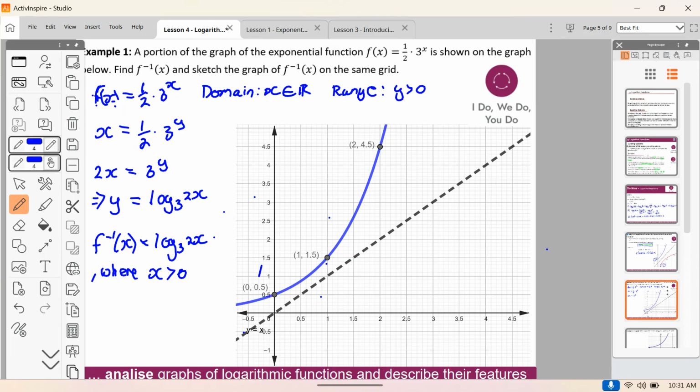So plotting the curve is going to be quite easy. We just take these x and y coordinates and reverse them. So 0, 0.5 is going to be 0.5, 0. 1, 1.5 is going to be 1.5, 1.